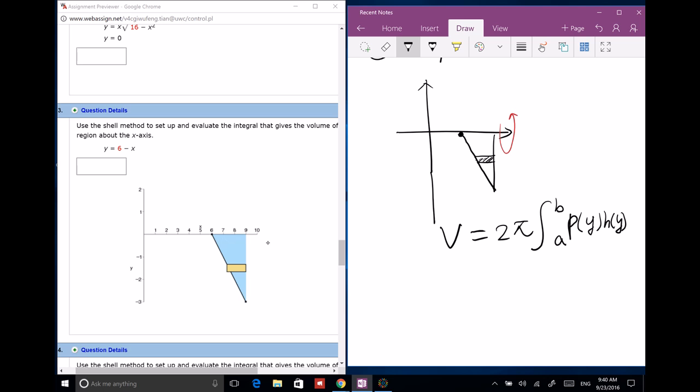Pi y times h dy, or px, hx. It is 2 pi r times h. So your shell method is 2 pi r times h, and basically taking one shell out is a cylinder. And 2 pi r times h times dy is the volume of the small cylinder.